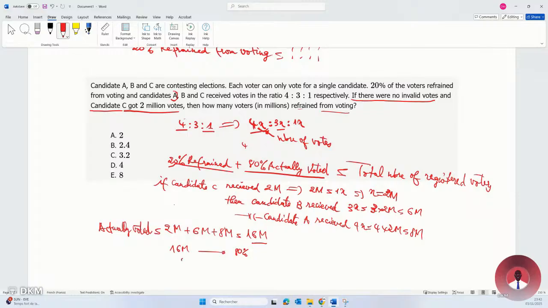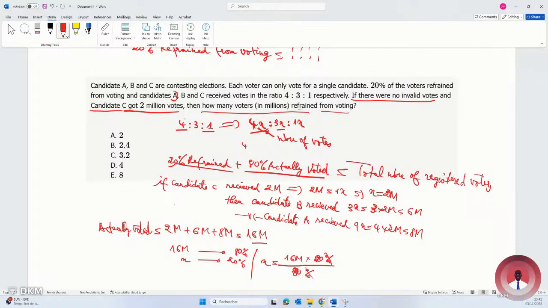Then, because we are looking for how many in millions, how much is 20%? So x will be equal to 16 million times 20% divided by 80%.